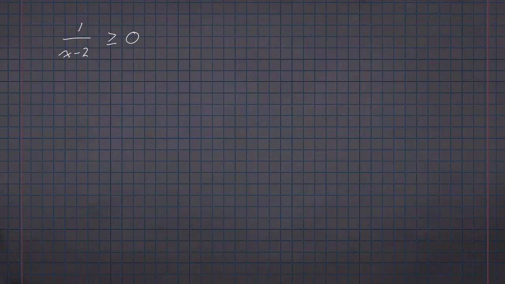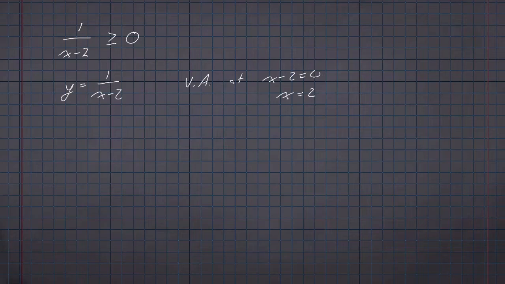So if I want to graph y equals 1 over x minus 2, I notice that there's a vertical asymptote when x minus 2 is equal to 0, which means that x is equal to 2. I draw in that vertical asymptote.